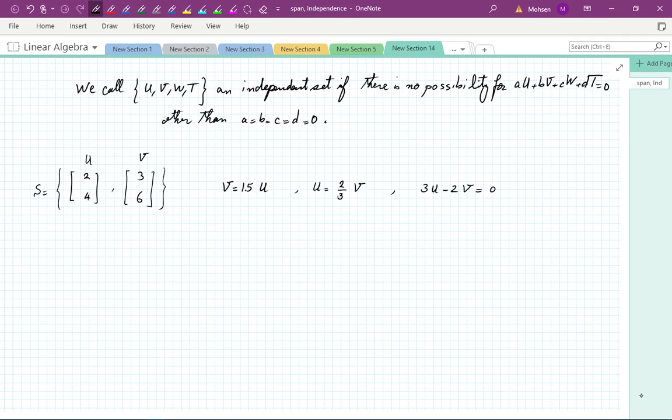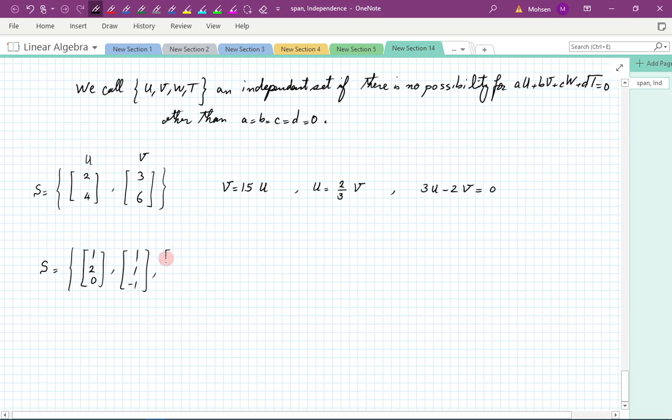Sometimes it might not be that obvious. So for example, suppose I have the set S and it contains these three vectors: 1 2 0, 1 1 minus 1, 1 4 2. The question: is S linearly dependent or linearly independent?